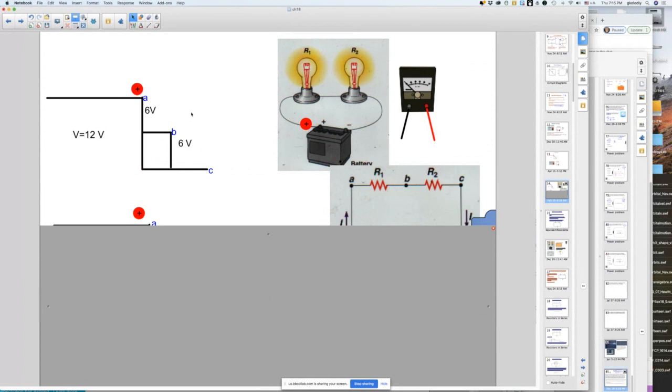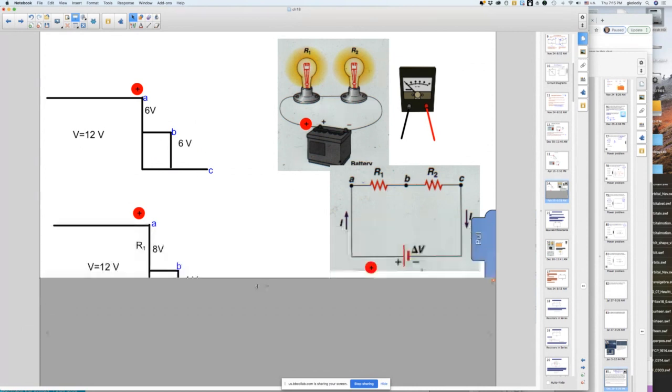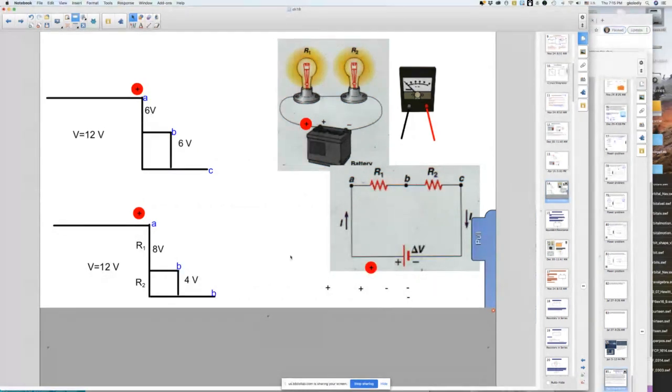Now, let's say these resistors are different. So what does that mean? Depending on what the resistance is, if one of them is twice the other, for example, it'll drop 8 volts on the first one and 4 volts on the second one. The whole drop is 12 volts.